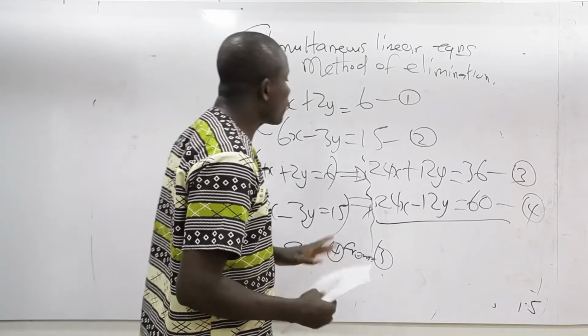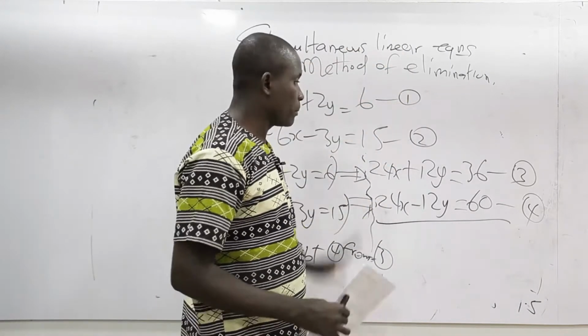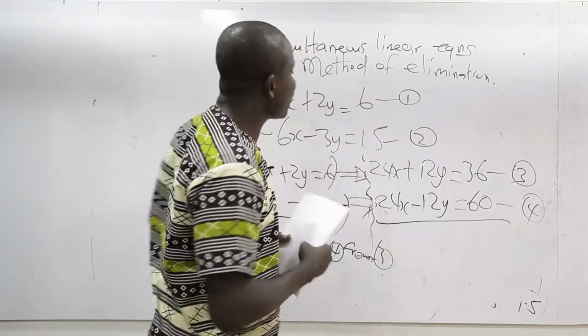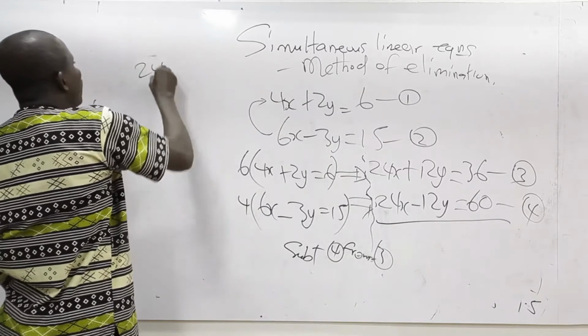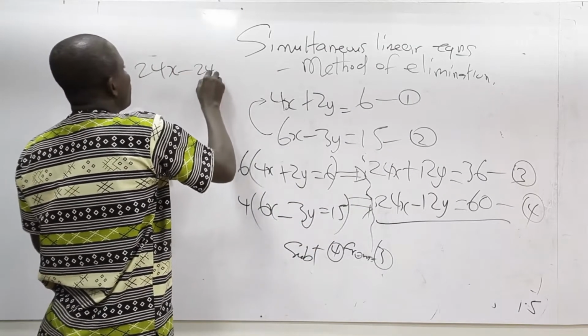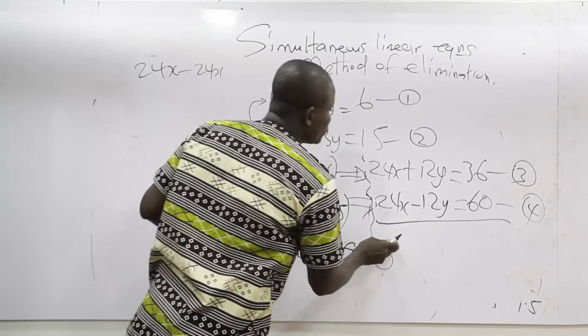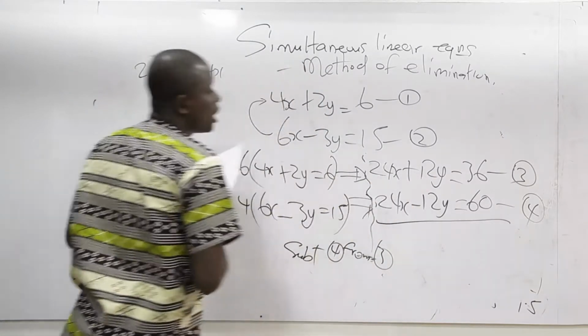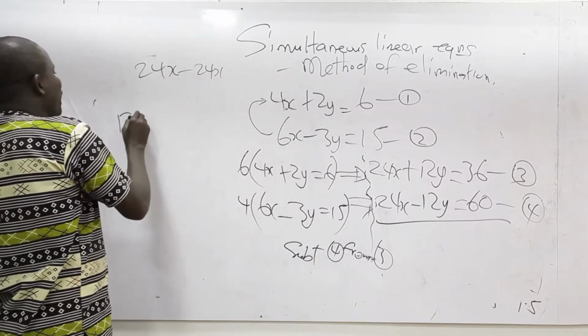In fact, another person can decide to subtract 3 from 4. But 4 from 3, that means what is here? The top here is 24x minus 24x, and it will be 0. So here is 0. Now let's come to this side. Already we have 12y, which is positive.